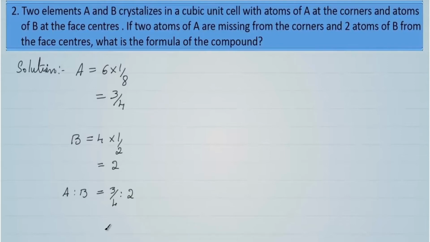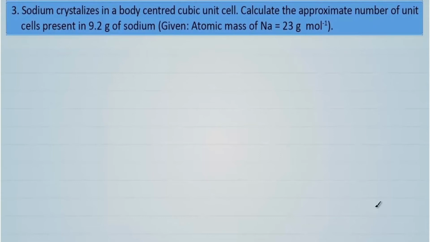Multiplying with the common factor of 4, A ratio B is equal to 3 ratio 8. Now, the formula of the compound is A3B8.